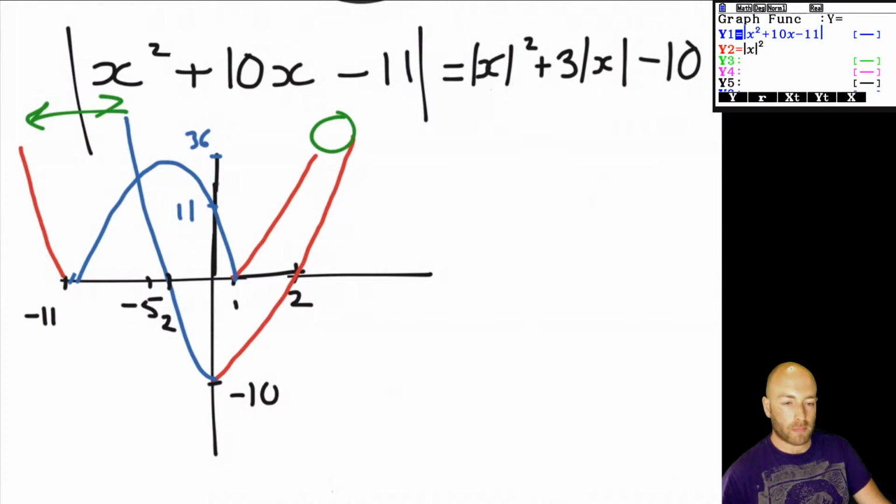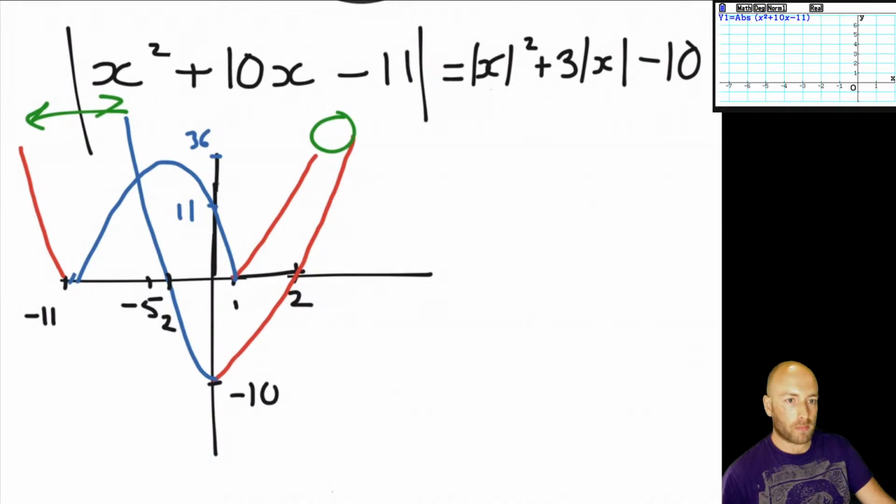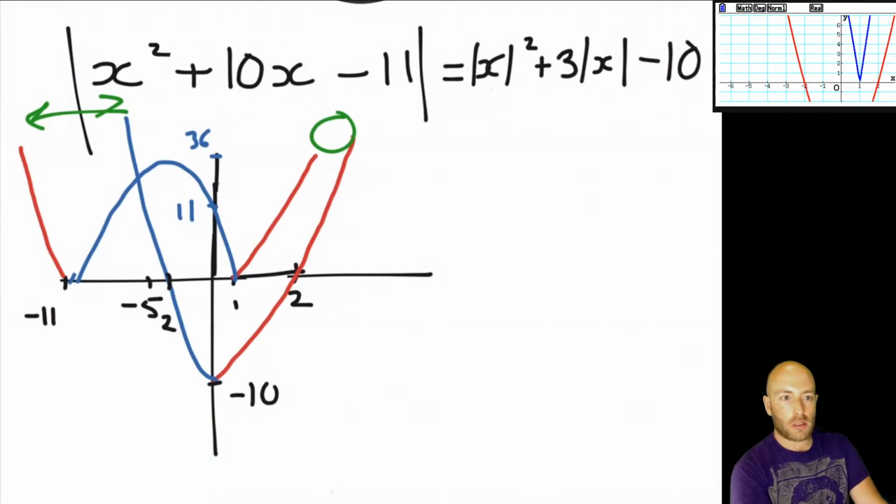So abs, x squared, plus 3 lots of abs, x, minus 10. Cool, and we're drawing those. So you can kind of see again, yeah, let's zoom out a bit.